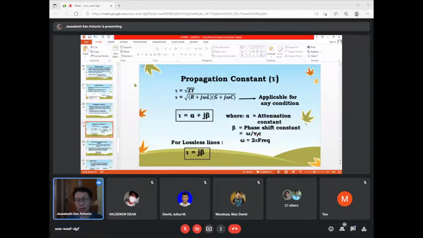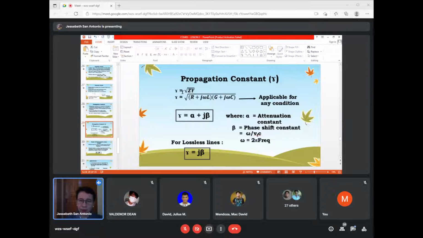Doon na naman sa electrical equivalent ng transmission lines. Yan yung z, no? Yan yung series impedance of the components in series, and the y is the admittance of the components in parallel.